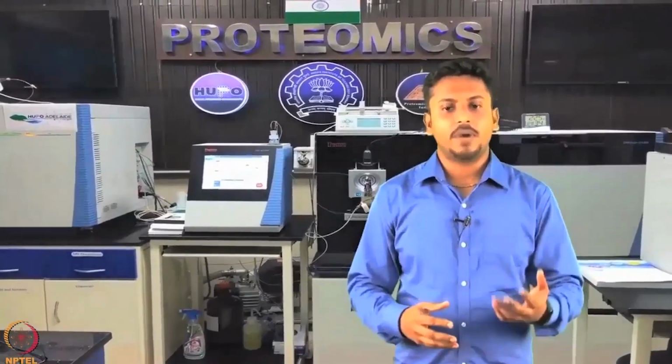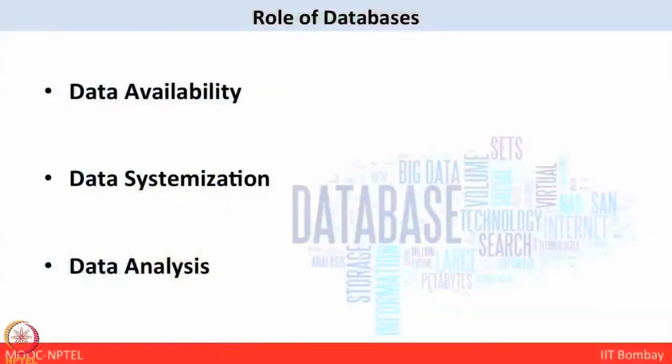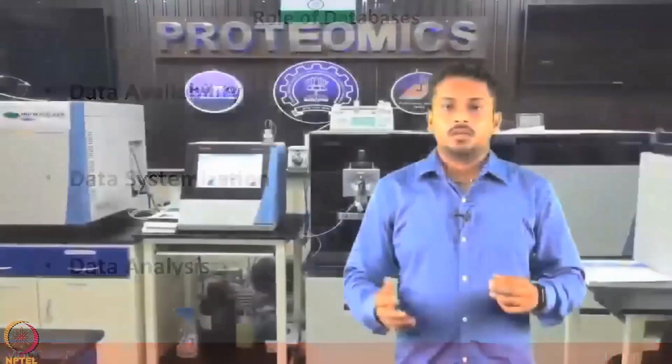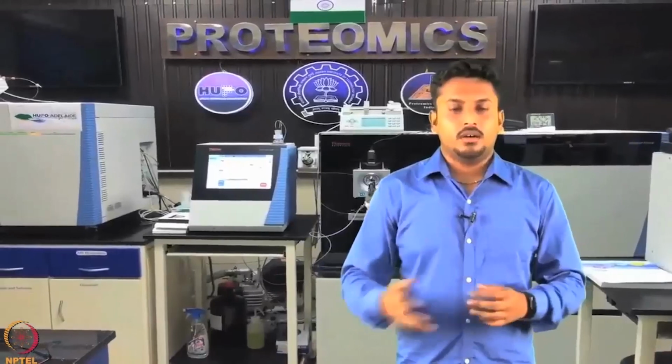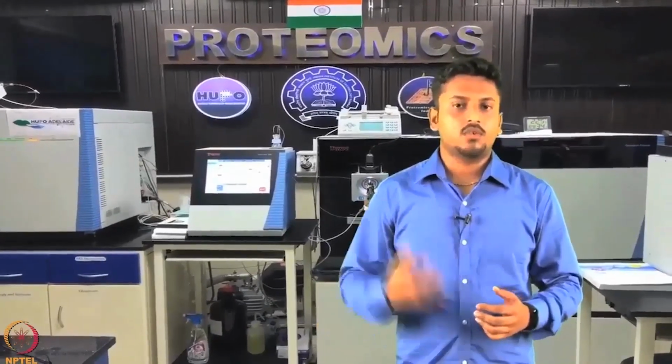So, what is the main role of these databases? The main important roles of the databases are availability of biological data, systemization of the data, and analysis of the computed biological data. As we know, with the advancement of technology and experimental strategy, omics experiments and omics platforms have developed in such a way that the amount of data we are generating is huge.